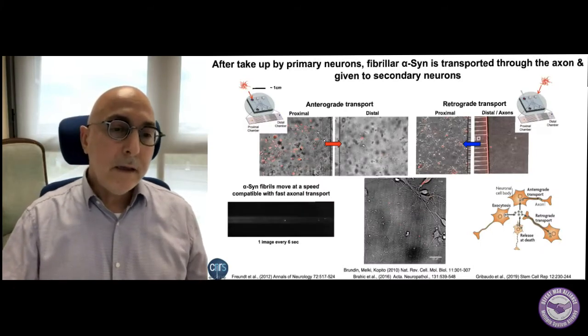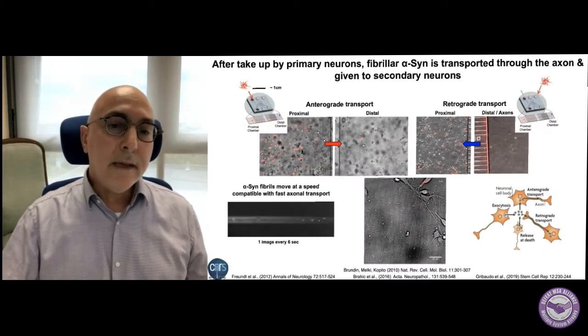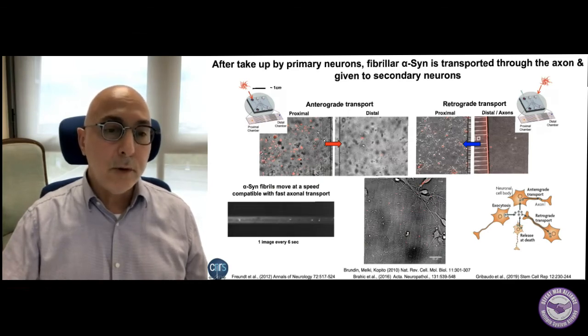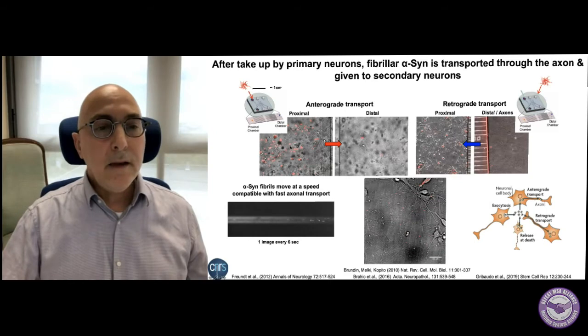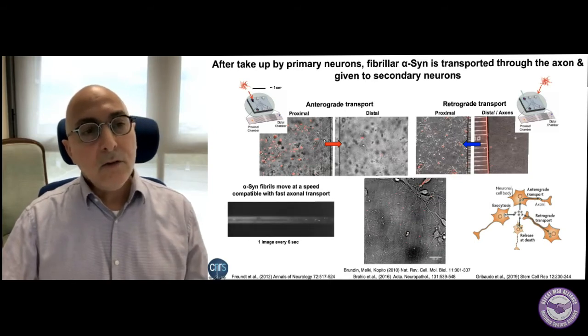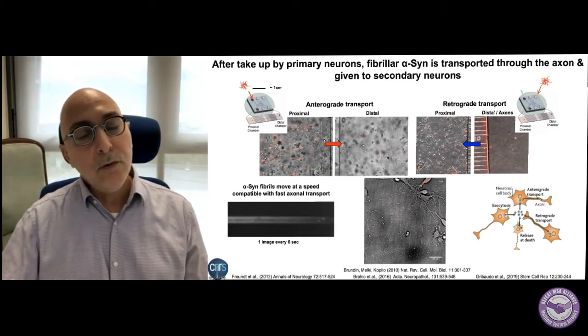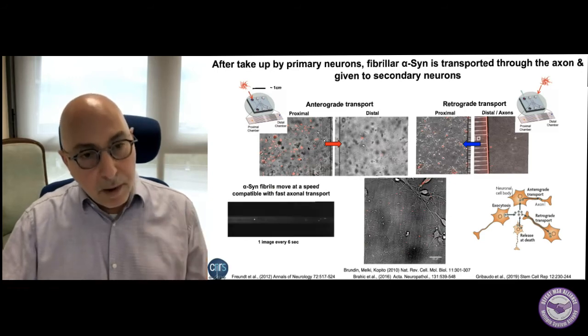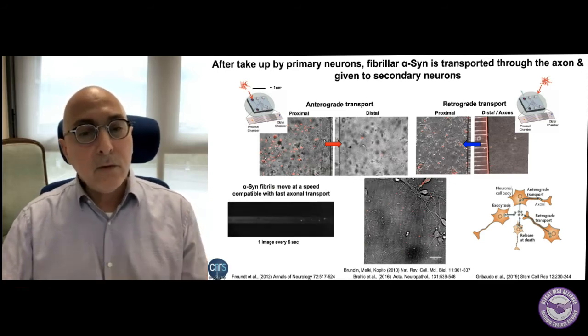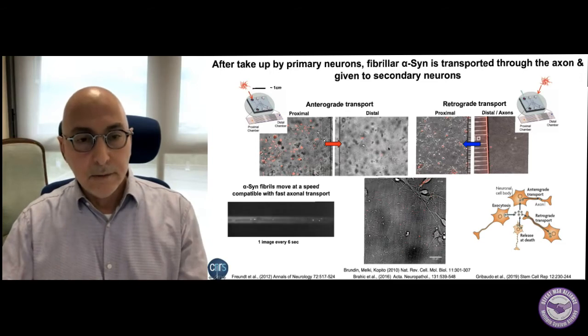After binding, the aggregates are taken up and transported by the neuron. To show this, we grew human neurons in special culture dishes. These culture dishes allow us to orient the neurons so that we have the cell body in one compartment and the axon in the other compartment.